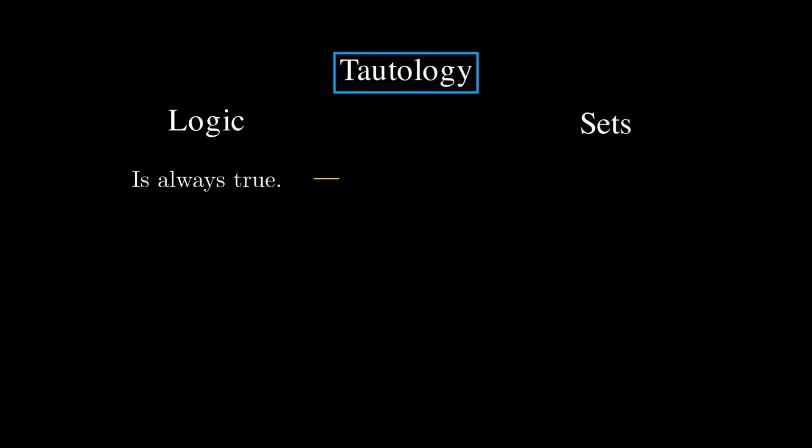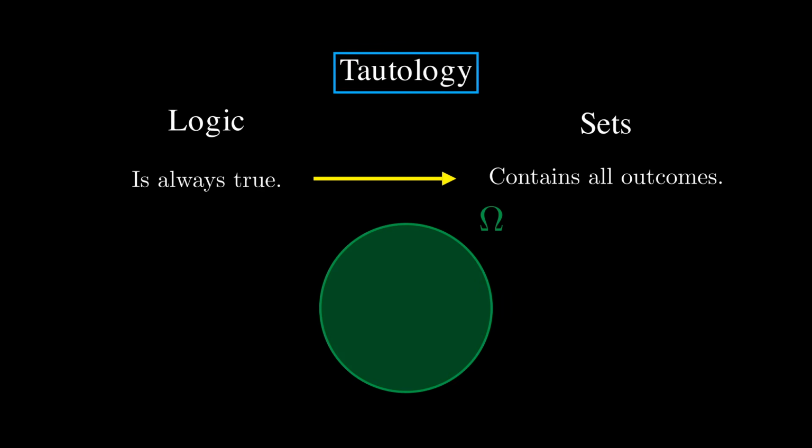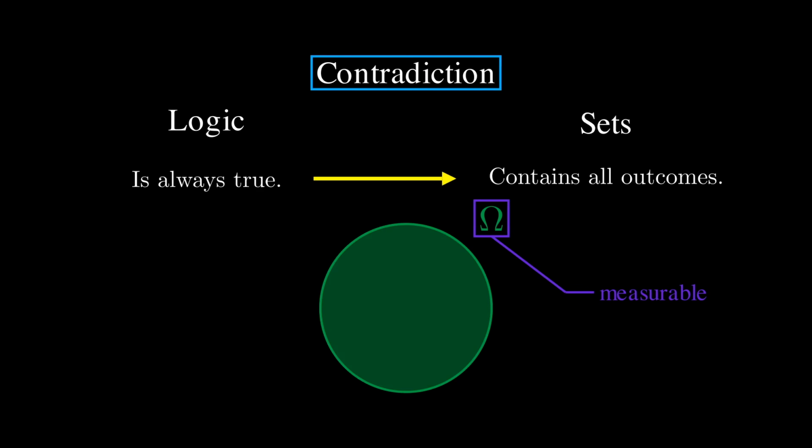In terms of logic, this is a statement that is always true. So if we translate it into subsets of the sample space, we get a set that contains every possible outcome. That is simply the whole sample space. That means omega should be measurable. And if you'd like, you can also play the same game with the contradiction.